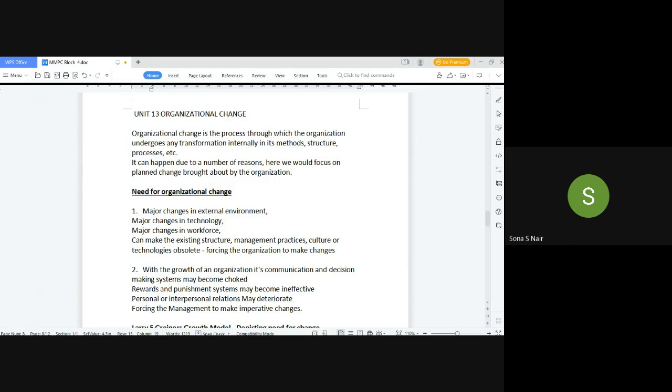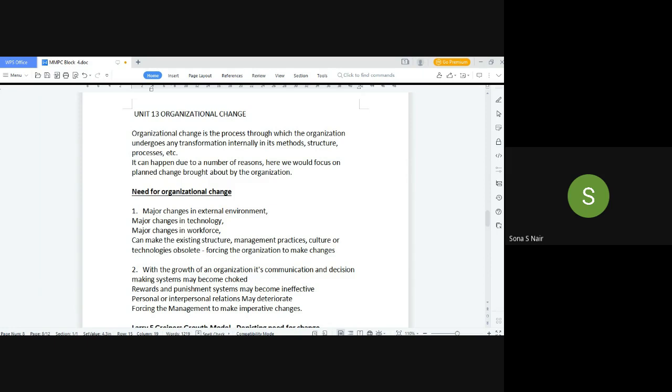Now, why do we need organizational change, and do organizations need to change? Yes, organizations need to change quite often, because when we were discussing strategy we said that the organization might be thinking about building its business, and on the basis of that they would be planning their objectives, and the whole organizational functions would be planned on the basis of what they want to achieve, basically the organizational goals.